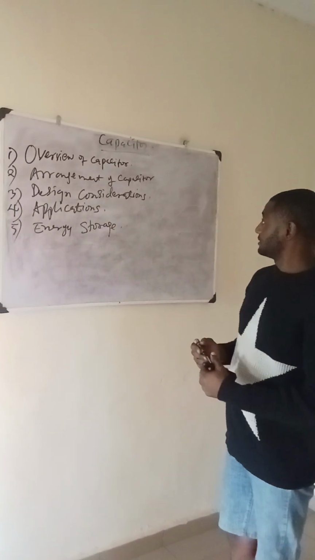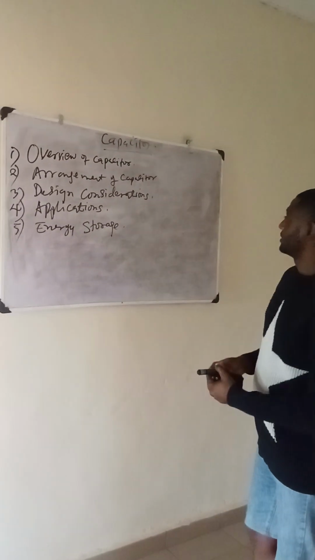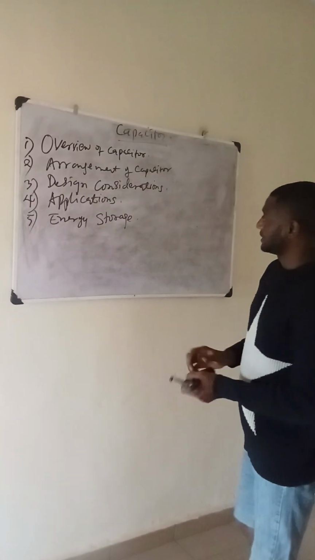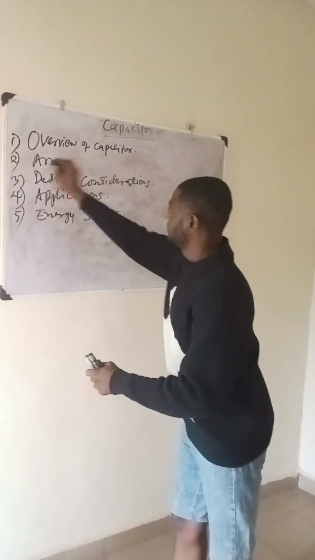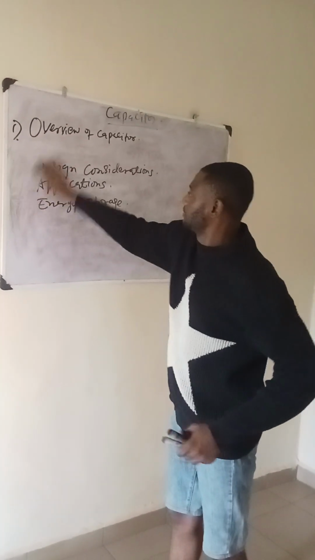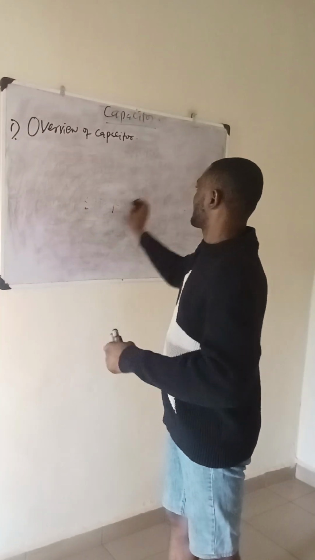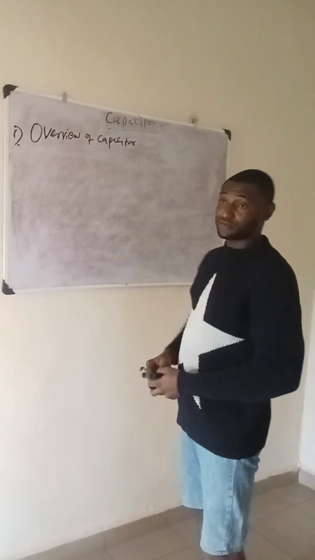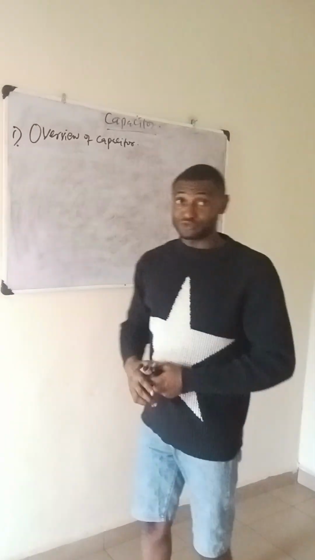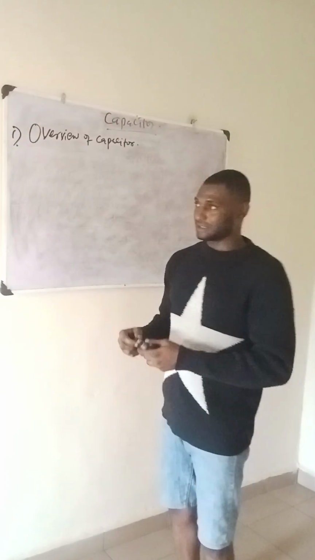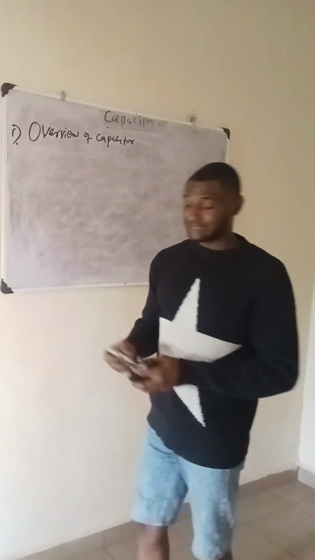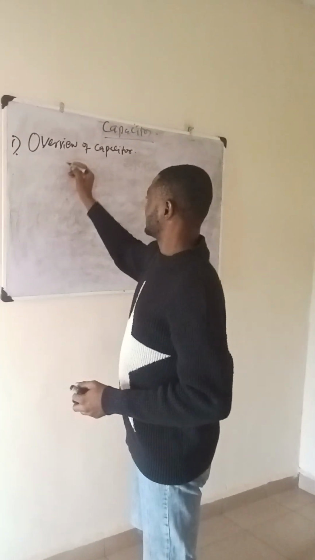Okay, so quickly, before we finish that, let's pick this overview to study, just to talk about. For the overview, I want you to know that a capacitor is just an electrical component that has terminals.